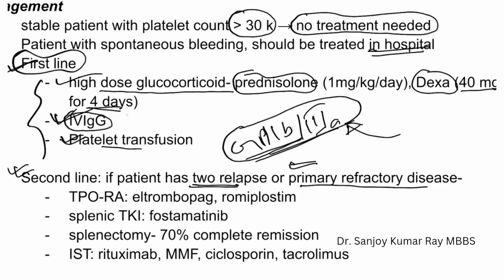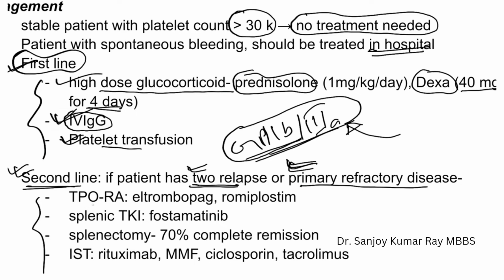All these modalities of first line treatment have failed. That is called primary refractory disease. So if patients present with primary refractory disease or have 2 or more relapses, then we will go for second line treatment. And these are the modalities under second line treatment.